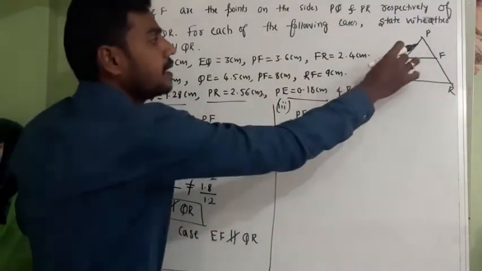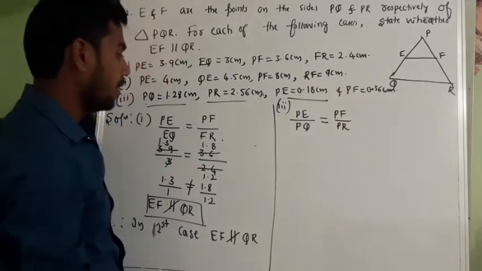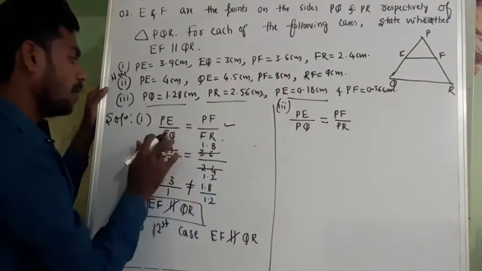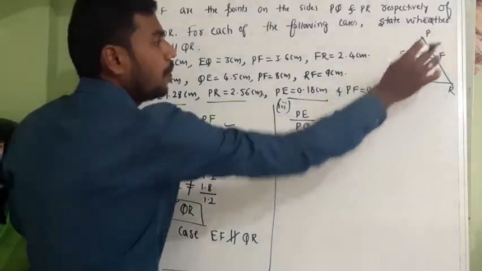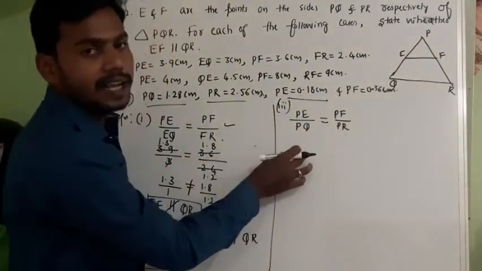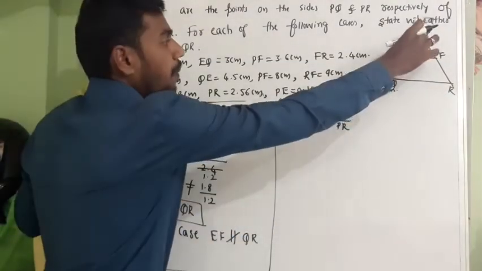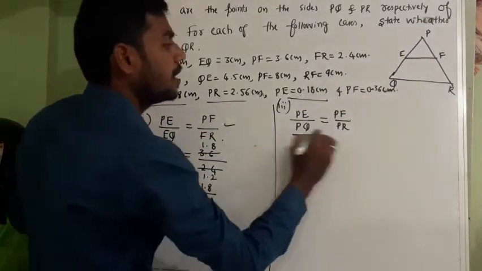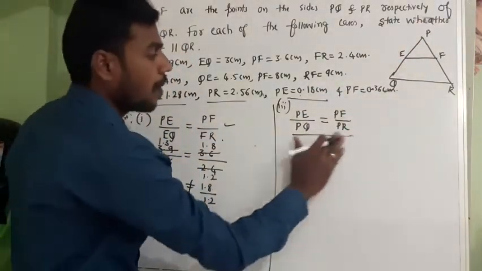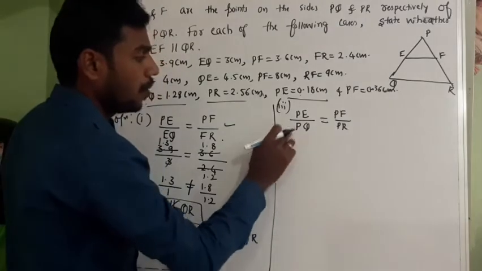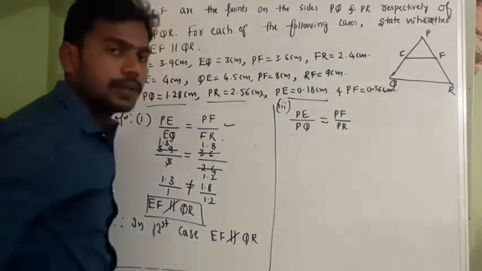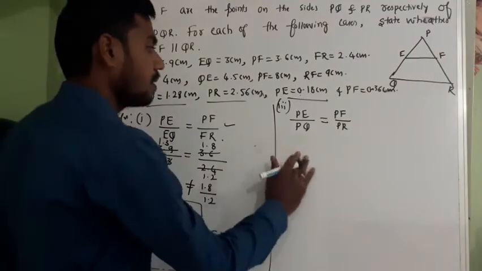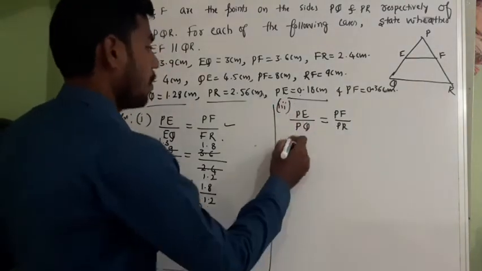I don't know what EQ and FR are. In the first case, we knew EQ and FR, that is the reason I wrote PE by EQ is equal to PF by FR. But in this third case, they have given PE and PQ, so that ratio I need to take. In the introduction part, in one of the problems we proved PE by PQ is equal to PF by PR. You can look back. See, what is PE? 1.28.